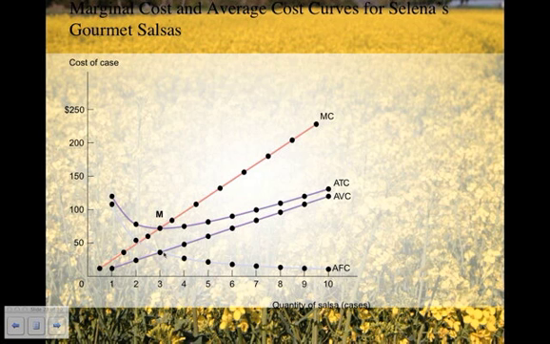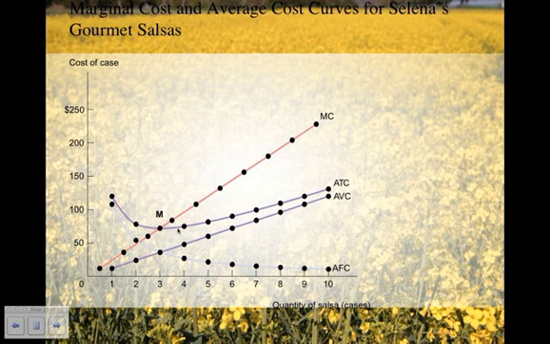As you can see, it continues to decline, as I said before, as you divide it over more and more output. So the average total cost is always going to be above the average fixed cost and the average variable cost, because you add these two together, and that's how you get the average total cost curve. So average fixed plus average variable equals average total cost, so that curve is always going to be above it.